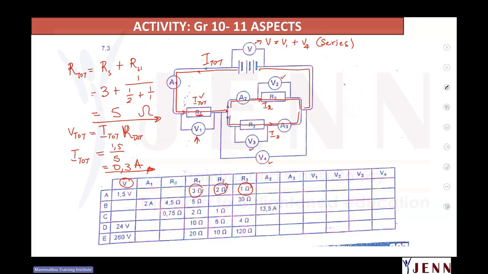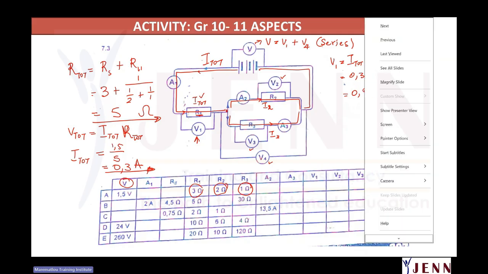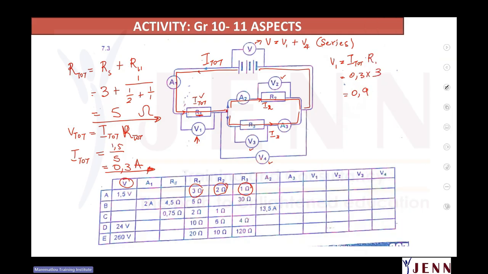We use the same formula: V1 will be equal to I total passing through R1 times the resistance of resistor 1. That's 0.3 multiplied by 3, and I think that will be 0.9 volts, if I'm not mistaken.